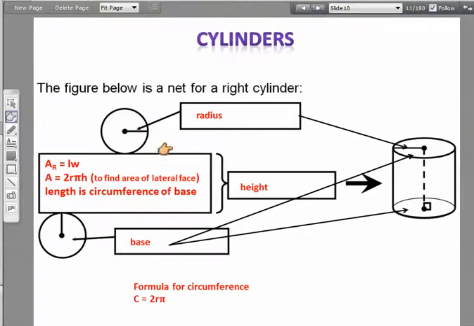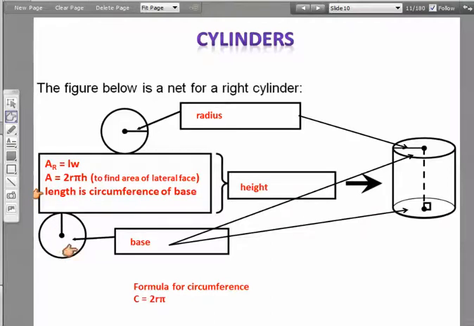And then here is the area. I put this little R for a rectangle, is length times width. Most of the time though in your cylinder, the height will represent your width, but you're not going to know your length. And your length is actually the circumference of this circle. That will represent the length of your cylinder. And I wrote that right here. Length is the circumference of the base.